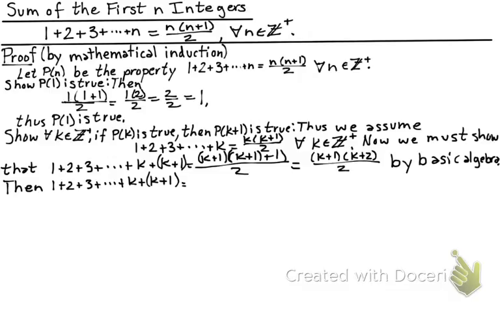So 1 plus 2 plus 3 plus up to plus k, we can assume to equal k times k plus 1 over 2. But we still have this k plus 1 term here, so that needs to remain. This is plus k plus 1. We can say this by, and I said you were going to use this a lot, by the inductive hypothesis.